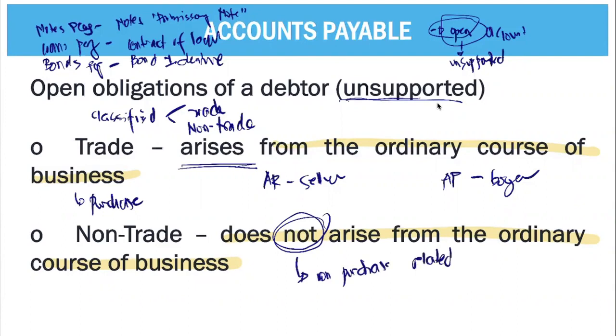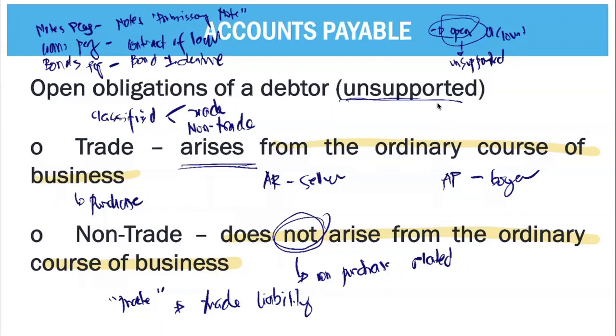You already know also that in classifying your accounts as trade or non-trade, everything with trade in its account name is considered a trade liability. For example, trade accounts payable and trade notes payable are all trade liabilities.